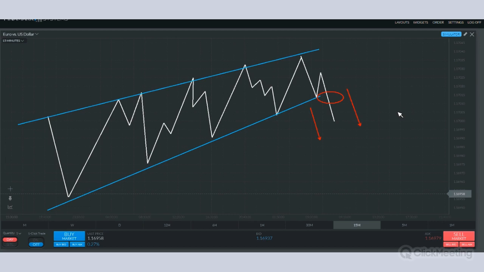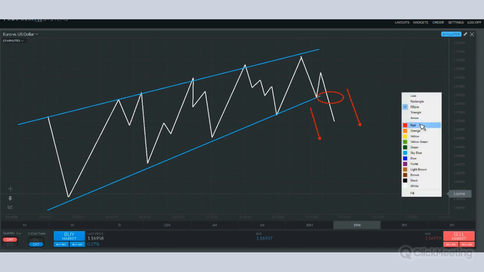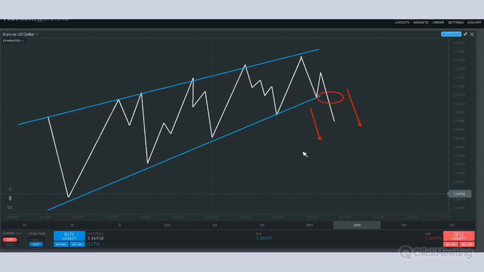Now, stop losses. We'll start with stop losses because that's pretty much exactly the same as our triangle patterns. Stop losses when we're trading wedge patterns are set just outside of our opposing trend line. It's exactly the same method we use to set our stop loss levels when trading the triangles.